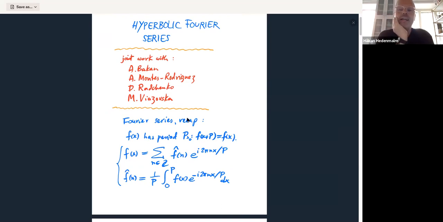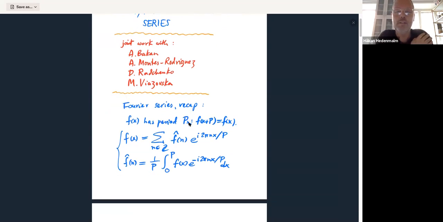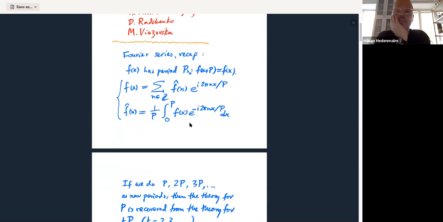All right, let me tell you somehow about the underlying thinking. So we begin with Fourier series. How we usually do Fourier series, we have a period, positive period P, and the periodicity says that f of x plus the period is the same as the function.